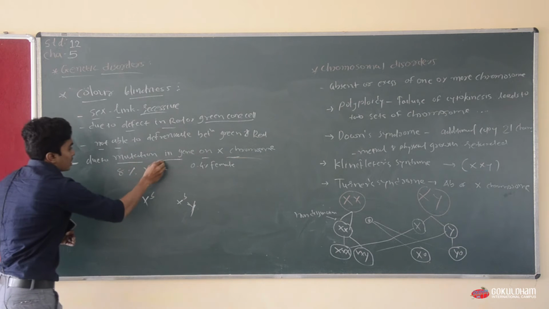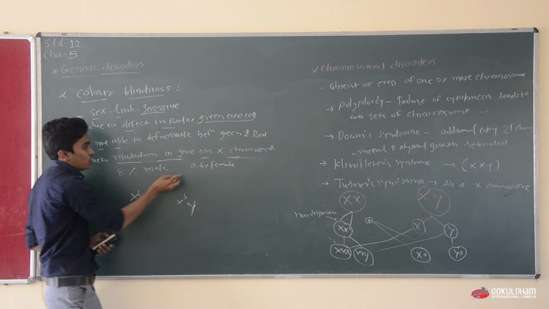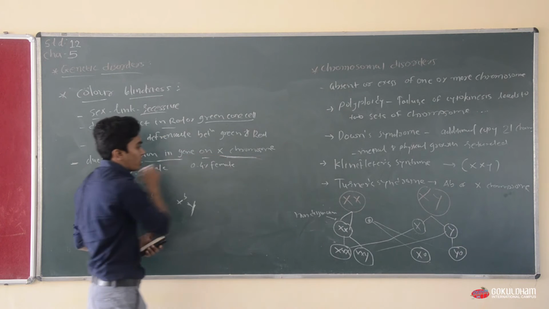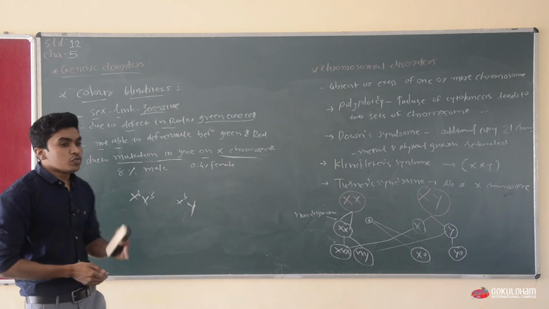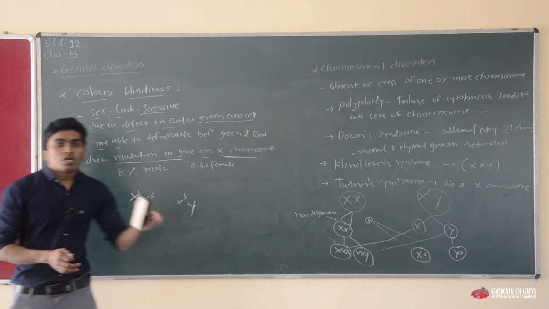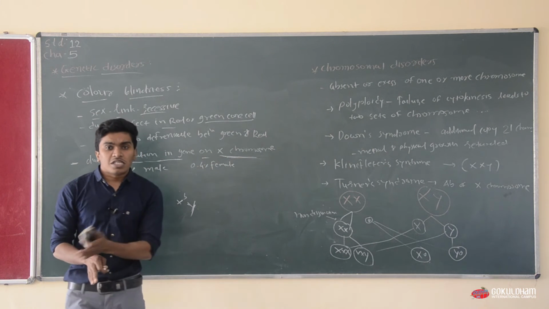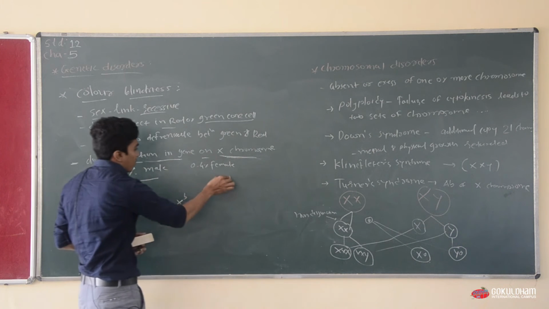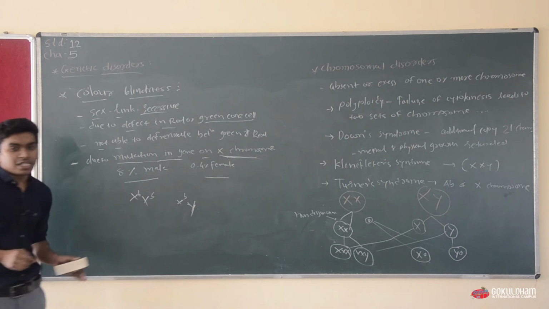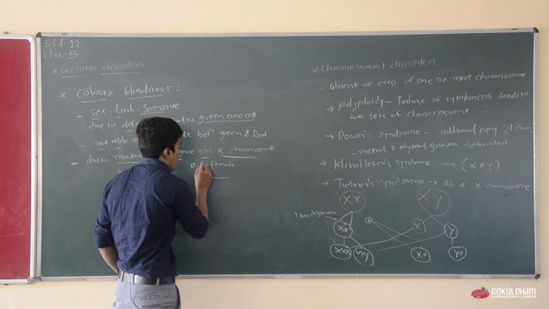So color blindness is an X-linked recessive disorder. As a result, individuals are not able to differentiate red color and green color. This disorder occurs in 8% of males and 0.4% of females.